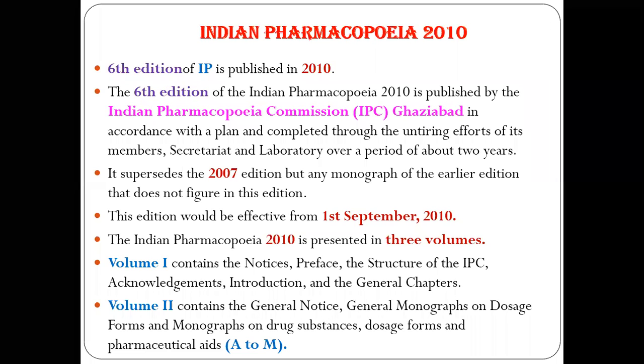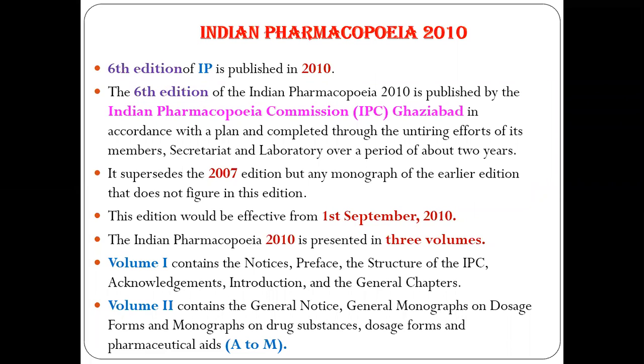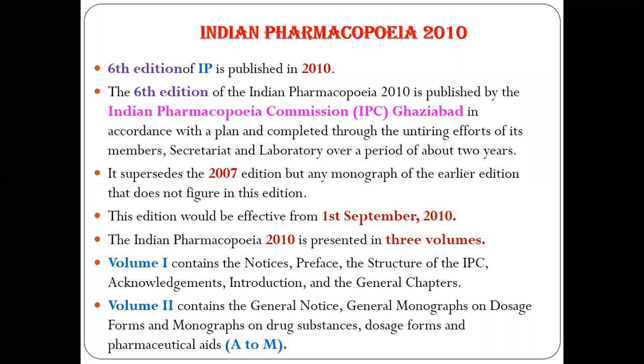It supersedes the 2000 edition, but any monograph of an earlier edition does not figure in this edition. This edition was effective from 1st September 2010. It is presented in 3 volumes. Volume 1 contains notices, preface and structure of the IPC.